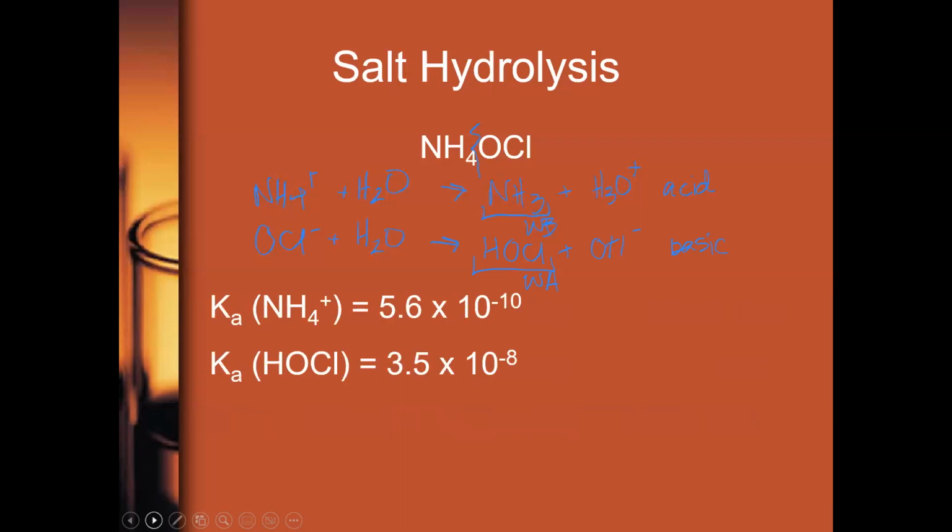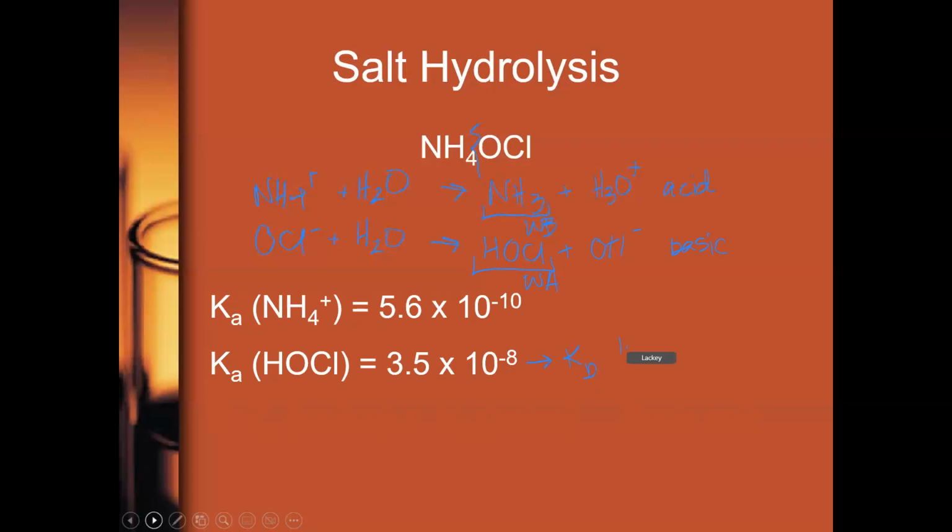So I looked these up. In the back of your book, you have a table of Ka values. And it tells you that the Ka of ammonium is 5.6 times 10 to the negative 10th. It does not have OCl negative listed, but it has its conjugate weak acid, which is the HOCl. So we can change this into Kb.